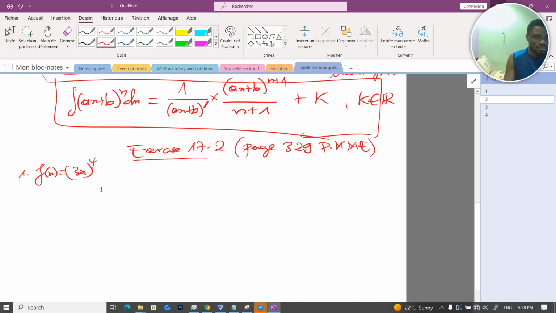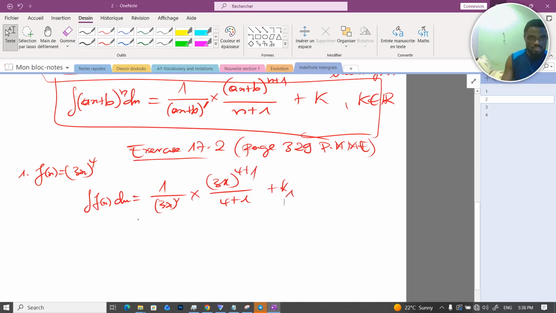Using the formula, the integral of f of x dx will be simply equal to what? The formula says 1 all over what? The derivative. This is a linear function, and this 4 is different from minus 1. So we are already in this case. So 3x prime times what? 3x to the 4 plus 1 all over 4 plus 1 plus our constant k1 of integration.